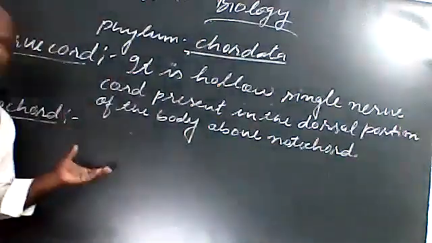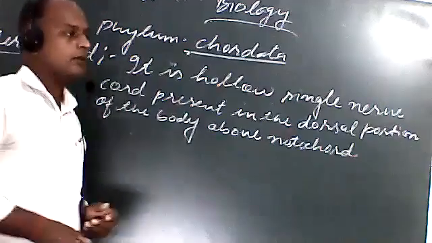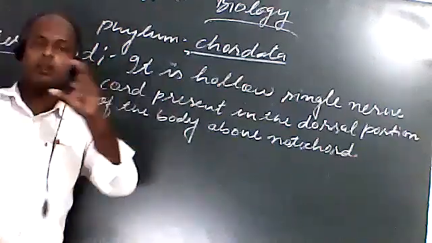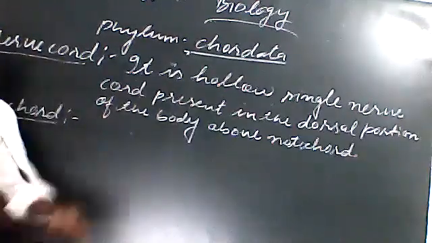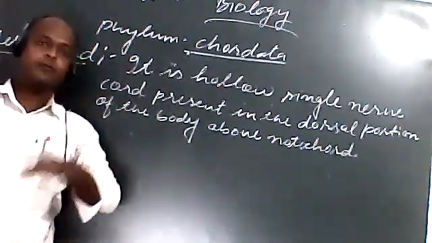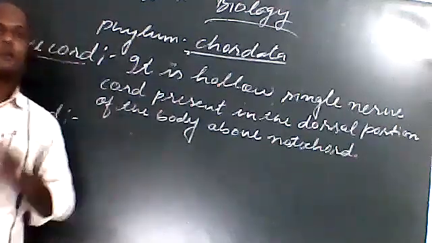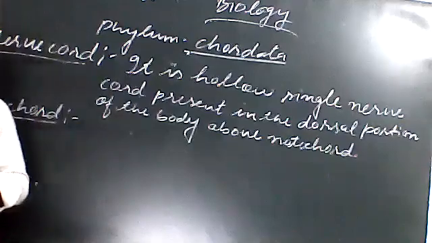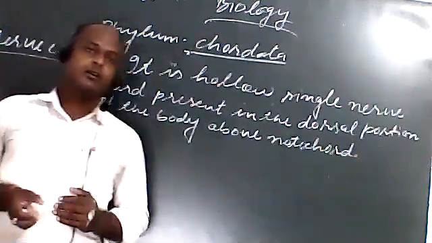Let us discuss the notochord. As we have seen in the figure, the notochord is solid. It is a solid, unjointed, flexible, rod-like structure which is situated below the nerve cord.